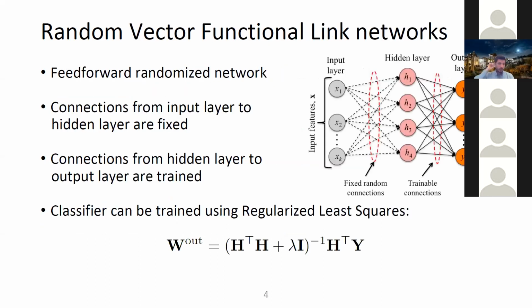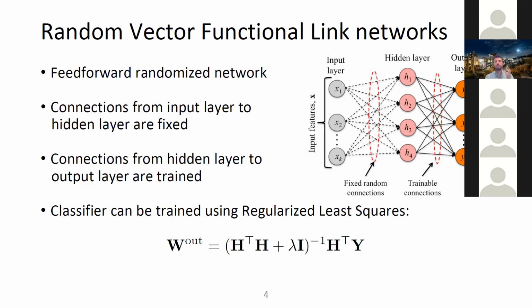We will work with randomized vector functional link networks. It's just one of the many examples of the randomized network domain. They are feed-forward neural networks, and they are composed, in our case, of three main layers: the input layer, the hidden layer, and the output layer. The connections between the input layer and the hidden layer are fixed and assigned randomly.